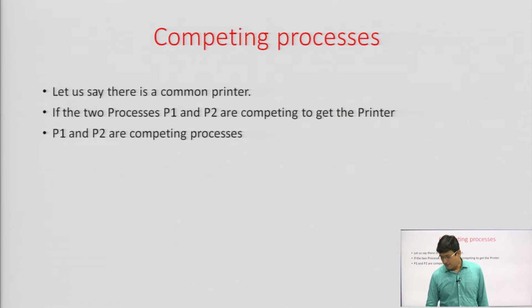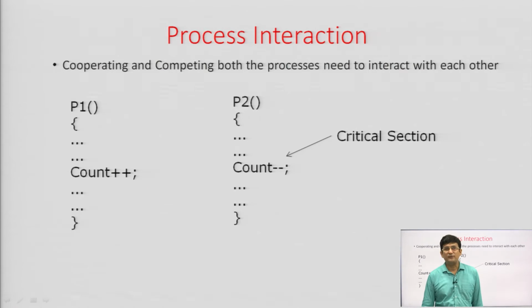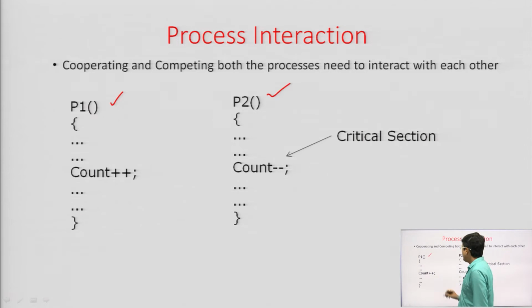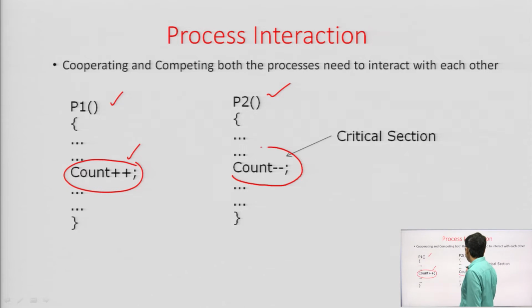Okay. We have discussed this with the help of the count variable, wherein there are two processes P1 and P2. One is trying to update the count by incrementing, and the other is trying to update the count by decrementing. You can take the example of booking and cancellation of a ticket.